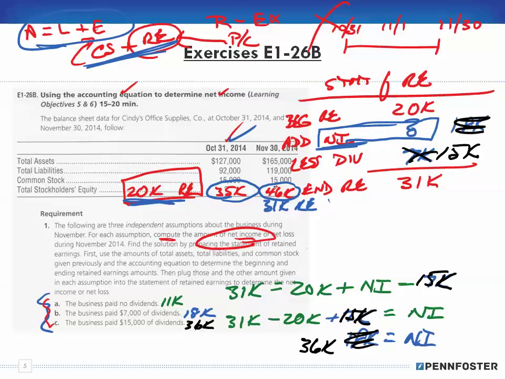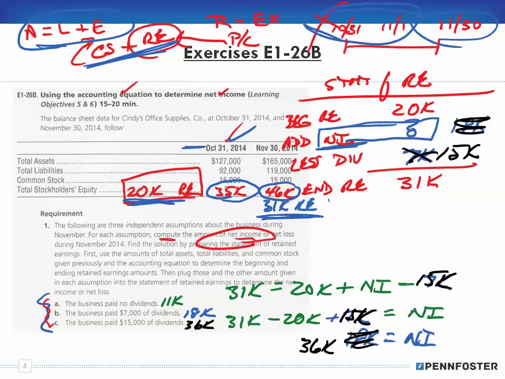I take my total equity less my common stock, which then gives me my retained earnings. So I have retained earnings for the end of October, which is the beginning of November, right up here. The ending figures for one period become the beginning figures for the next period. And I know what my retained earnings are for November 30th.